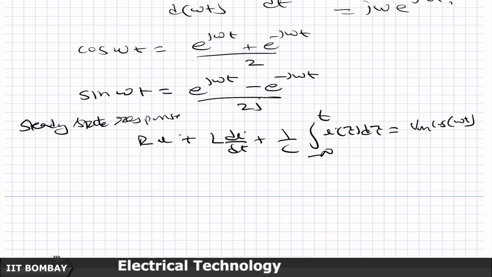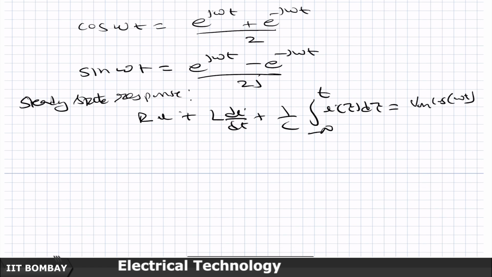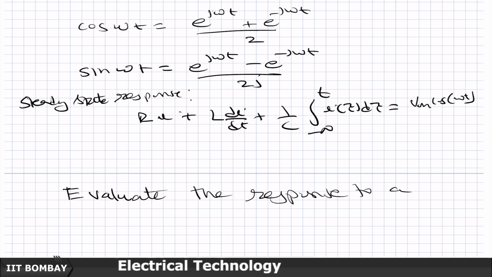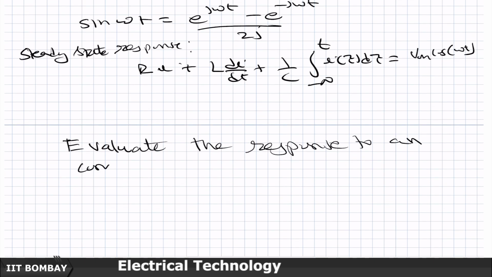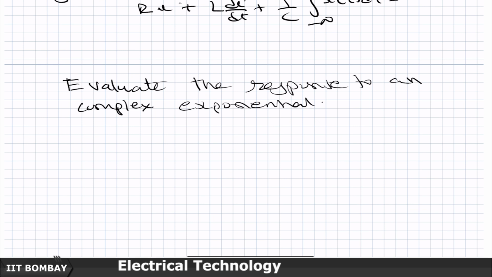So, if I am trying to get the steady state response, one way of approaching this would be to evaluate the response to a complex exponential, and then just look at it, though the response will also be complex.